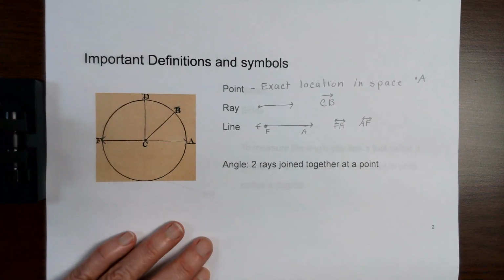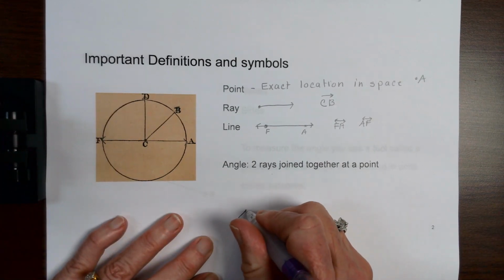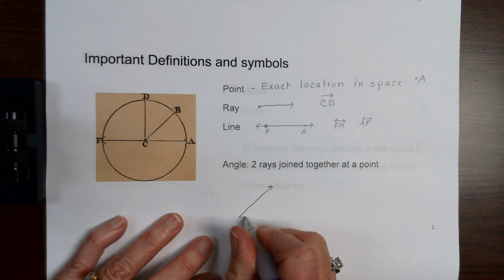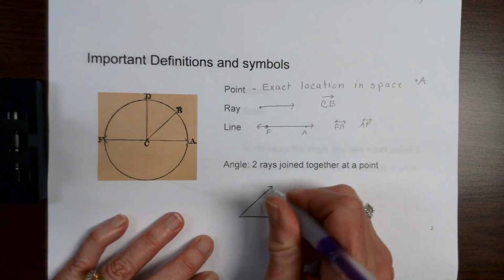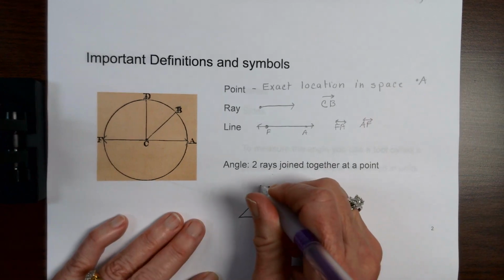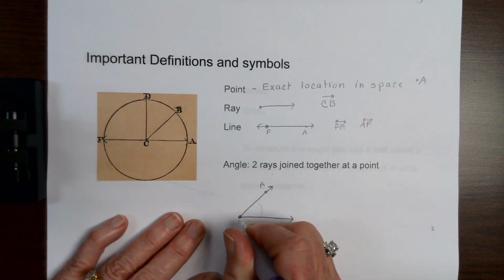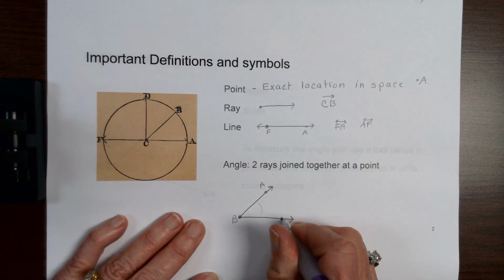Two rays that are joined together form an angle. Okay, so this right here is an angle, and it's going to be named in a couple different ways, a couple different possibilities.